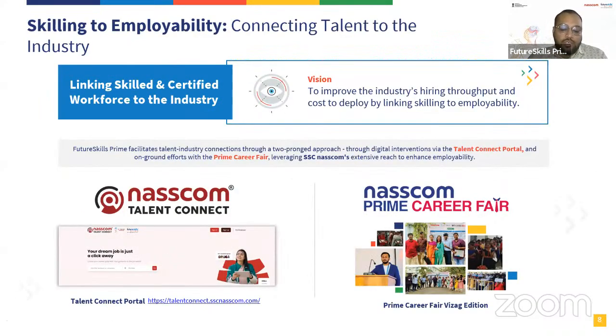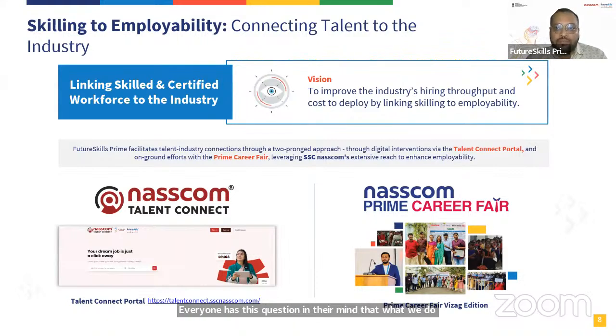Now, everyone has this question in their mind: what do we do after we get certified? What's next? That is where NASSCOM again plays an important role. We have launched a portal called Talent Connect portal. In this portal, first of all, there are certain prerequisites for you to be able to apply for jobs.